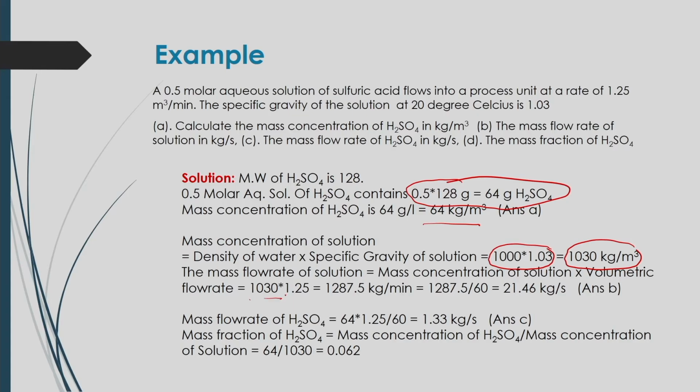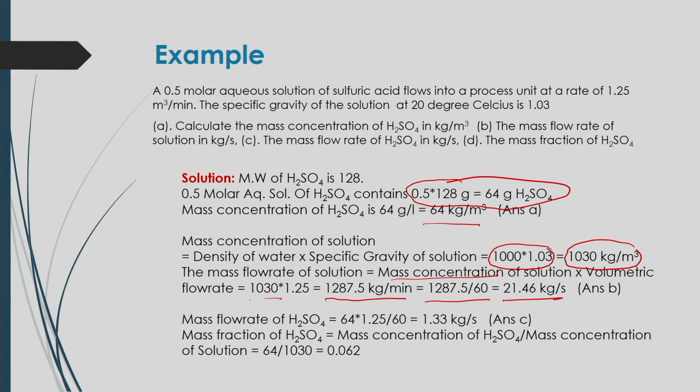So, it will be 1030, that is your mass concentration, into 1.25, that is the volumetric flow rate given in your problem. After multiplication it will come as 1287.5 kg per minute. Now, to convert it to kg per second, simply divide it by 60, because 1 minute is equal to 60 seconds, then you will get 21.46 kg per second.